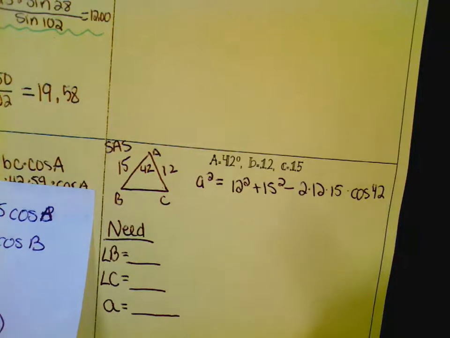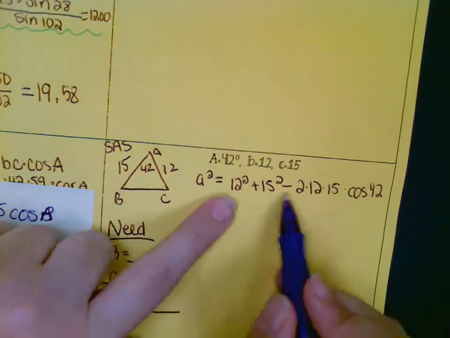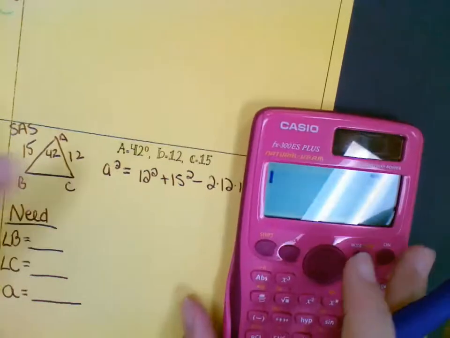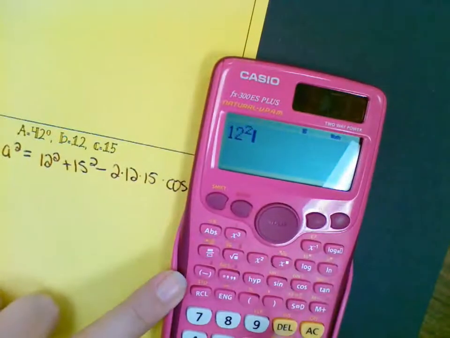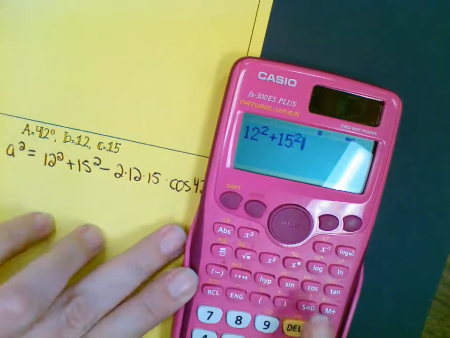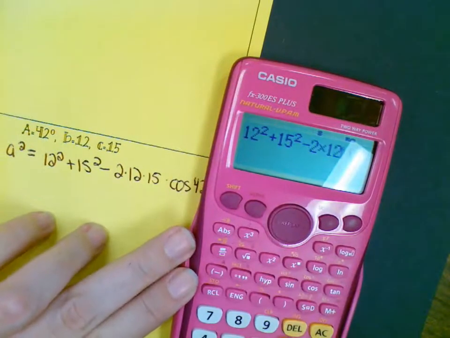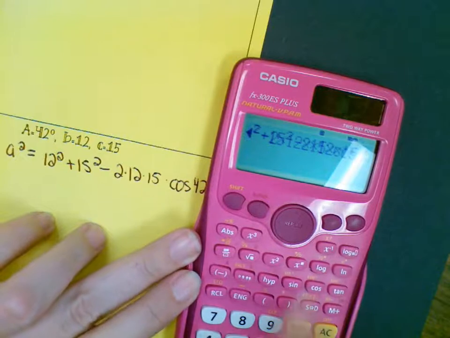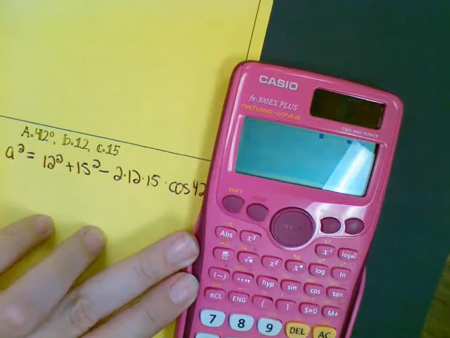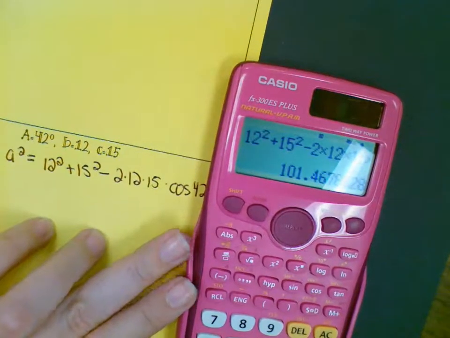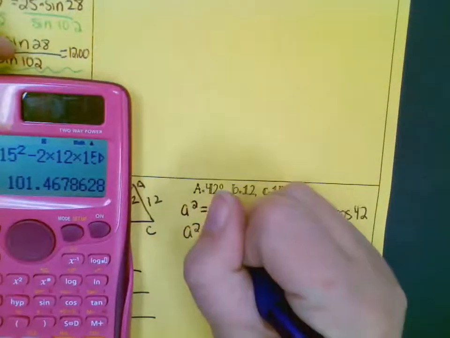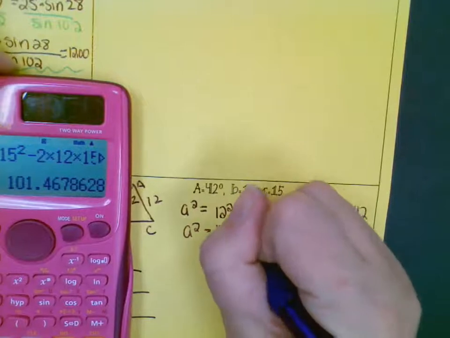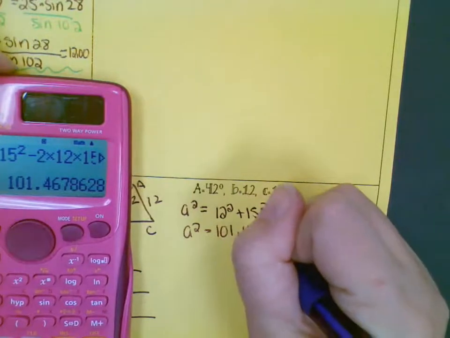Okay, so if I do order of operations, I'm just going to type it in my calculator exactly the way it's shown there. So 12 squared plus 15 squared minus 2 times 12 times 15 times the cosine of 42. So I get 101.47.